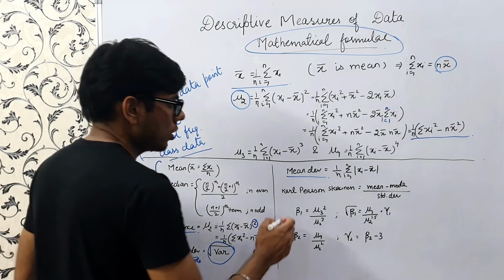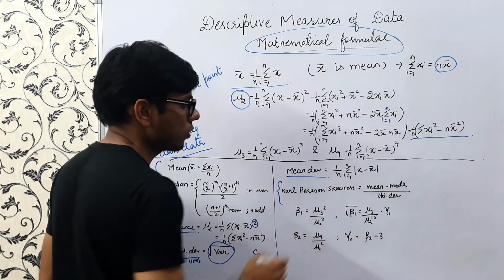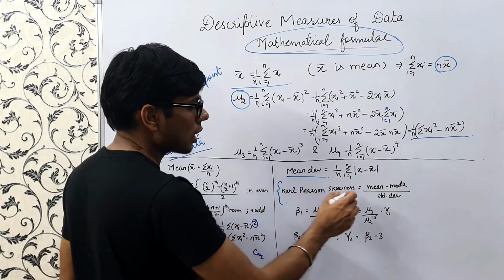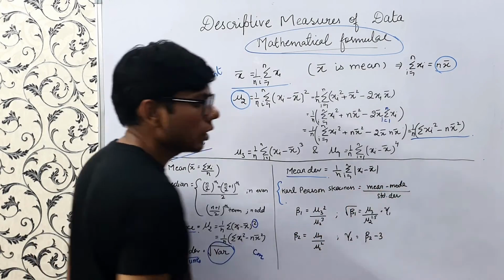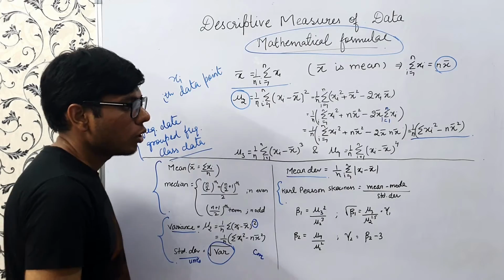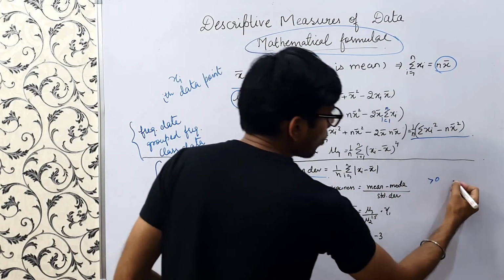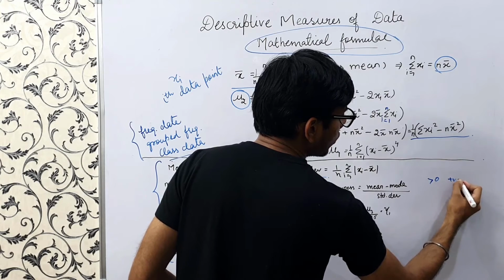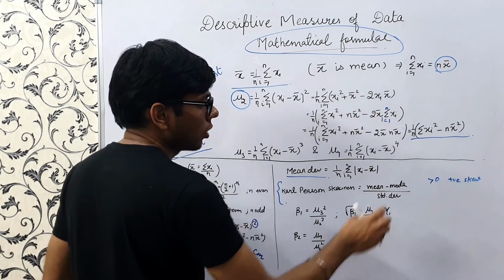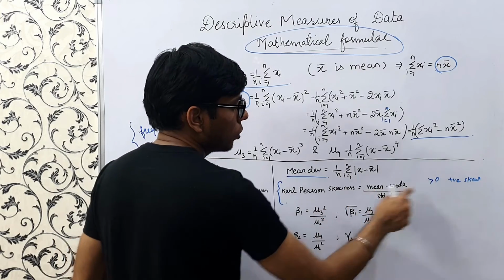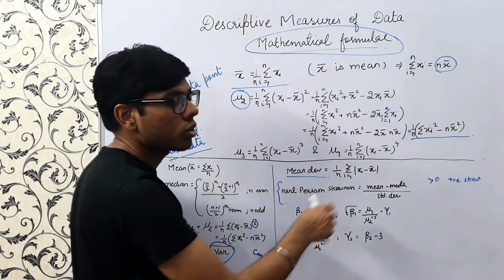Then comes the measures of skewness. This is Karl Pearson's measure of skewness: mean minus mode divided by the standard deviation. If this is greater than 0, it means positive skew, which means mean is greater than mode, and that is the case in a positively skewed distribution.